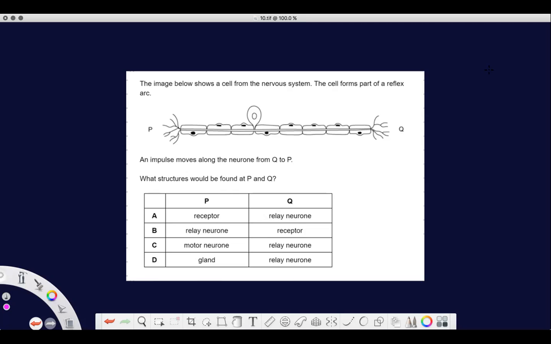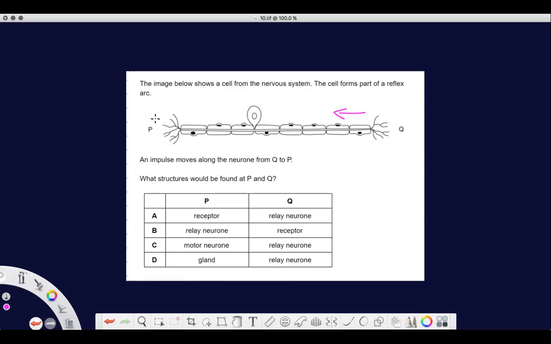The cell forms part of a reflex arc. An impulse moves from the neuron from Q to P. So it's moving from Q to P, that means this direction. What structures would be found at P and Q?